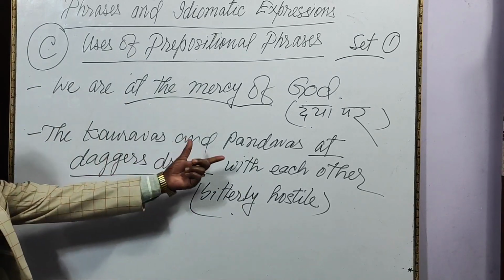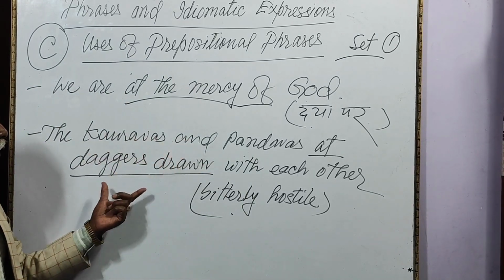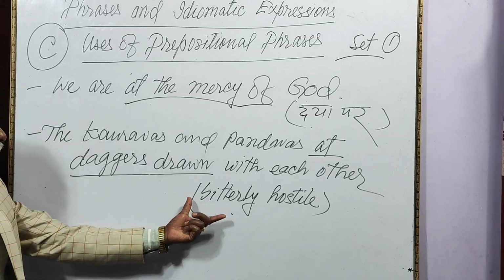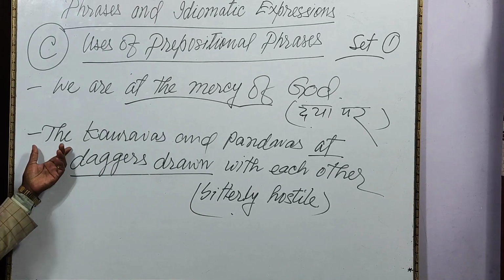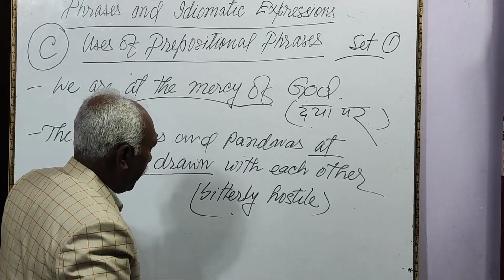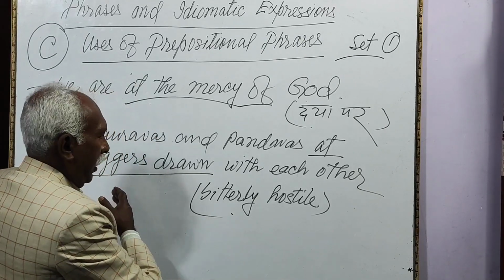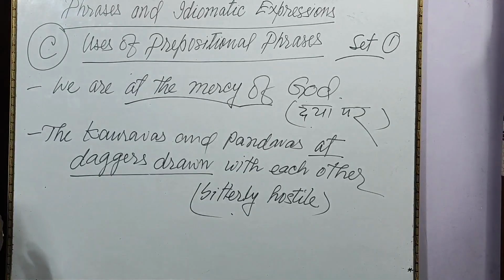In this sense, at daggers drawn, कौरव पांडव एक दूसरे के शत्रु थे, बहुत तगड़े शत्रु थे. So the Kauravas and Pandavas at daggers drawn, right? Bitterly hostile with each other, against each other.